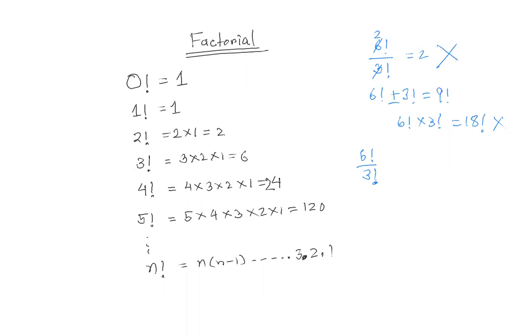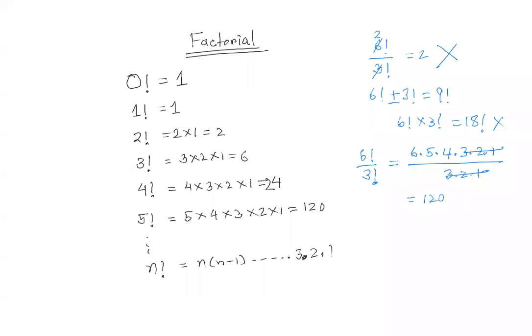6 factorial, I could write as 6 times 5 times 4 times 3 times 2 times 1, and 3 factorial as 3 times 2 times 1. I could cancel these, and the answer should be 120.